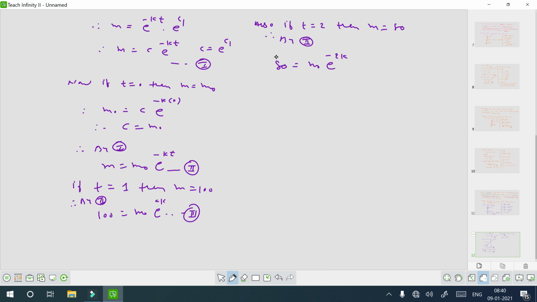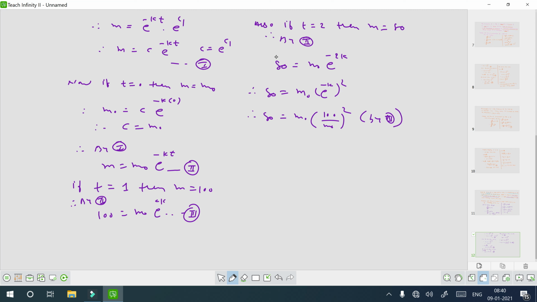Clear? So 80 from these two equations is equal to, can I write m0 into e raised to minus k whole square? E raised to minus k is equal to what? 80 is equal to m0 into 100 by m0 whole square, and that is by 3.